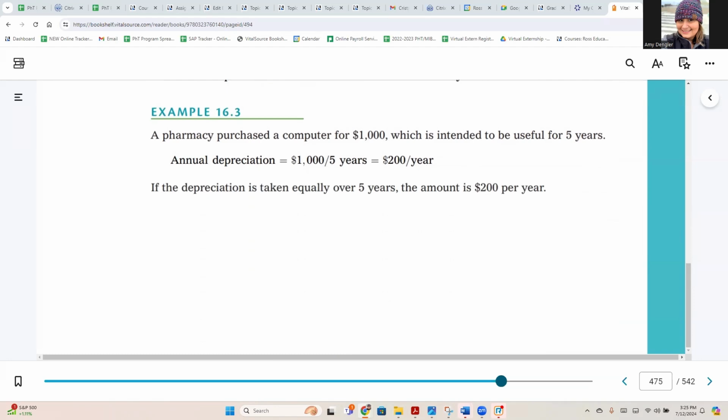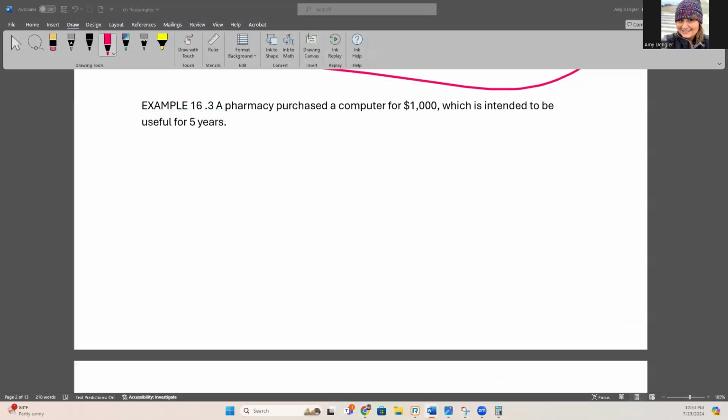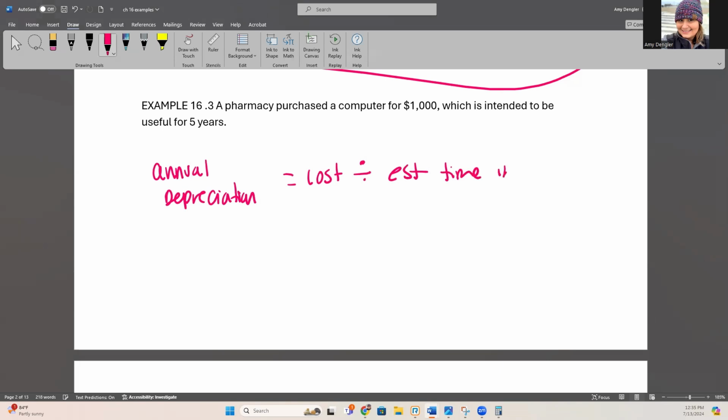And let's do example 16.3. Pharmacy purchased a computer for $1,000, which is intended to be useful for 5 years. So we're using our annual depreciation, which is equal to the cost divided by the estimated time in years.